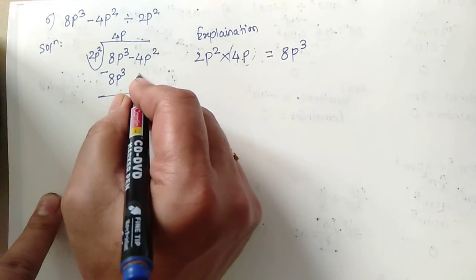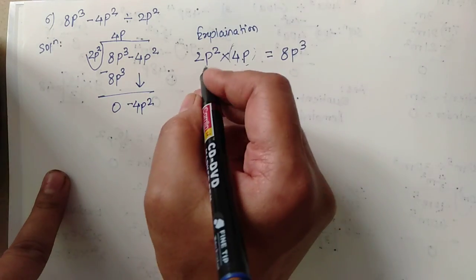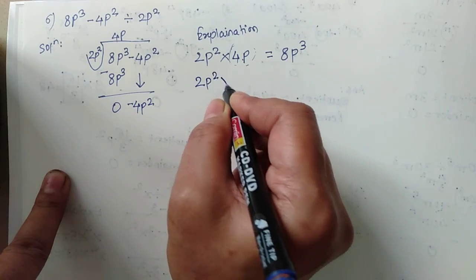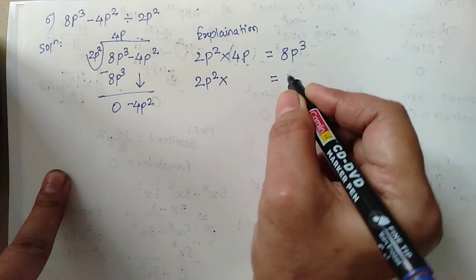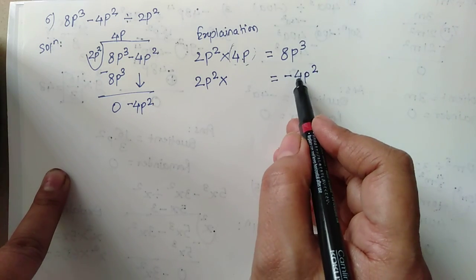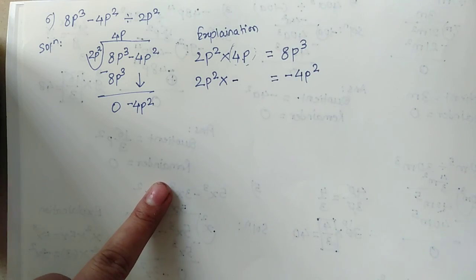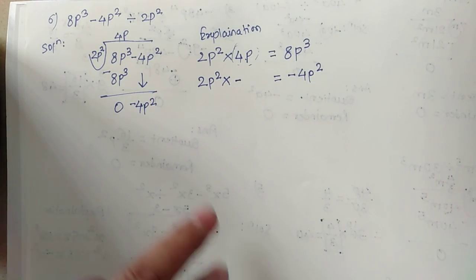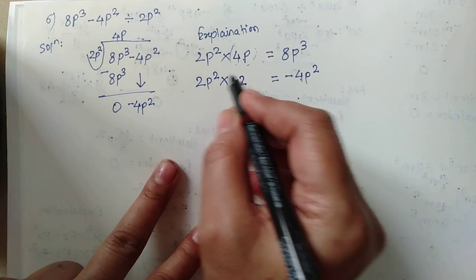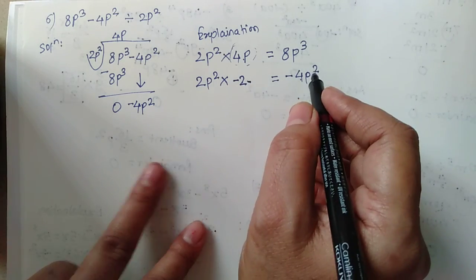Remainder is 0, minus 4p square falls down. Now see the divisor here, multiply what? Then we get minus 4p square. The sign of dividend is minus here. So sign of our multiplier is also minus. 2 2s are 4 and p square into 1 is p square. So no need to write down any variable here.